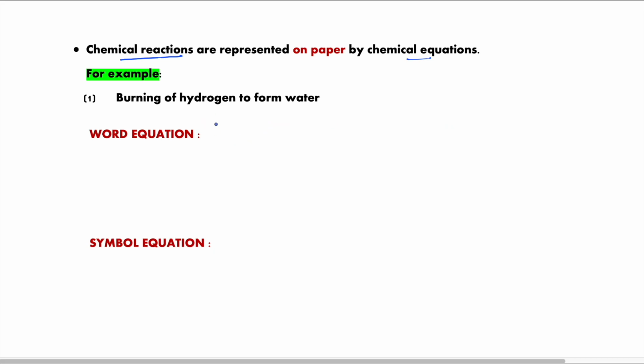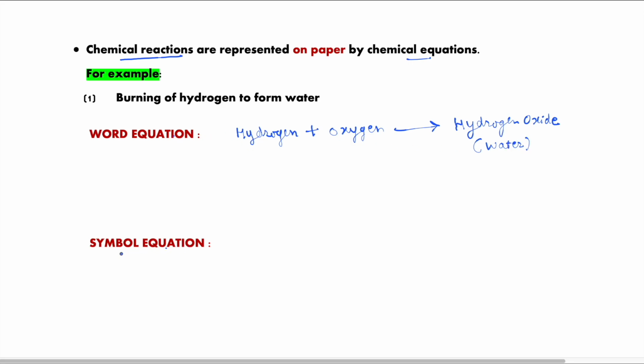The word equation will be written as hydrogen plus oxygen yields hydrogen oxide. Hydrogen oxide is commonly called water.